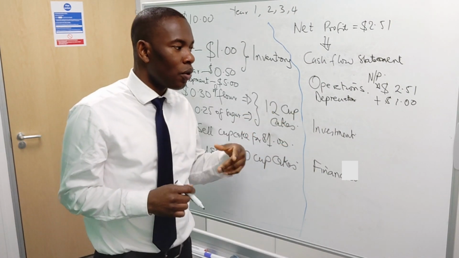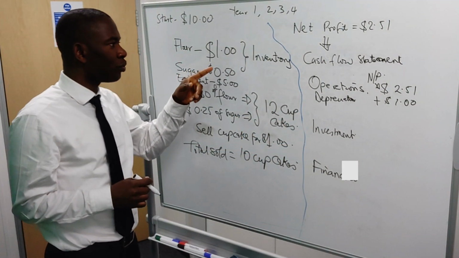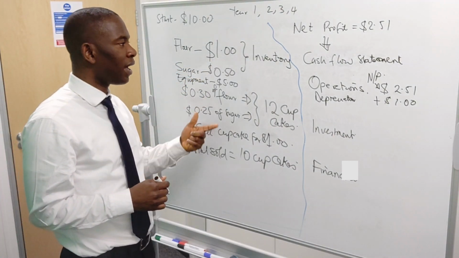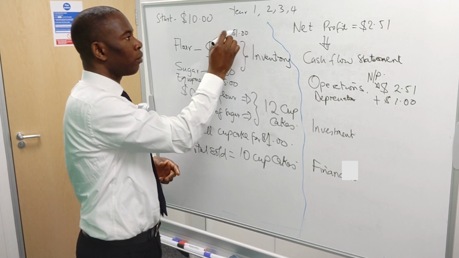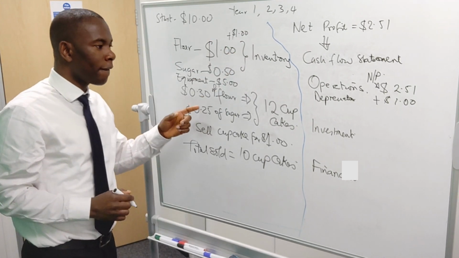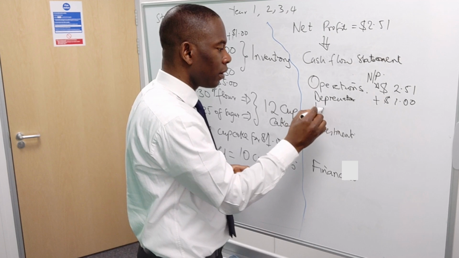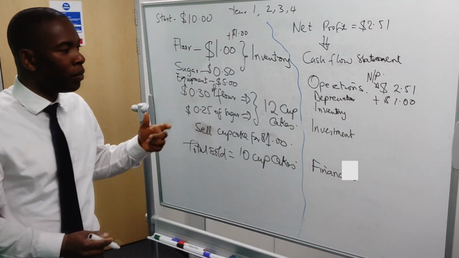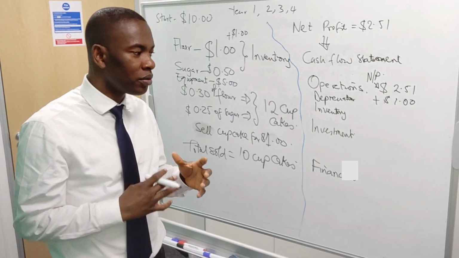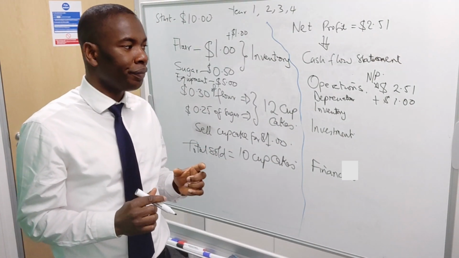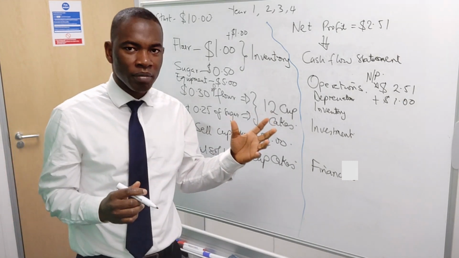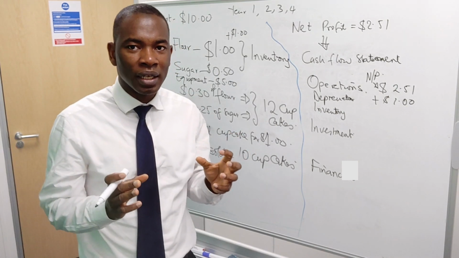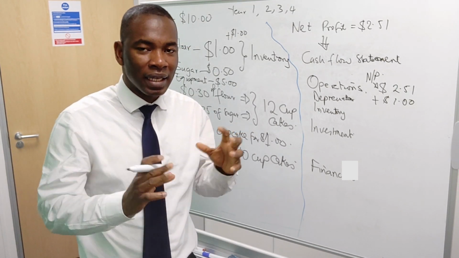But let's say we bought, in addition to this flour here, another flour of $1, in our inventory. Because we are giving money out, in the cash flow statement, anytime you give money out, it is recognized as negative.